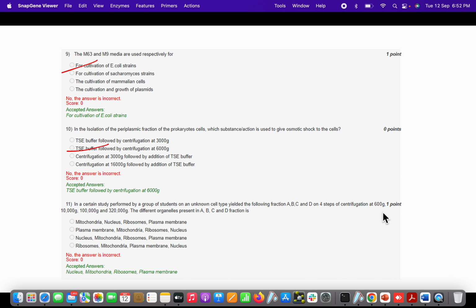If you remember, at very low speed 600 G your nucleus will get separated out, around 10 to 15,000 G your mitochondria will come, then at 1 lakh G ribosomes, and plasma membrane at 3 lakh 20,000 G.